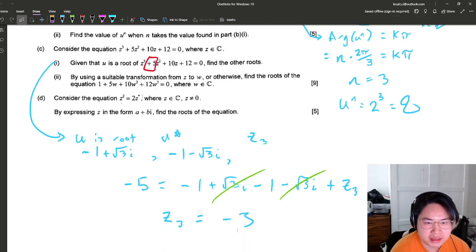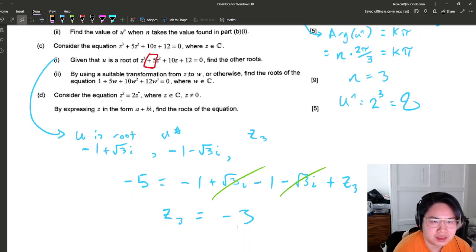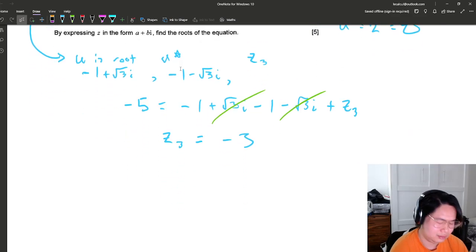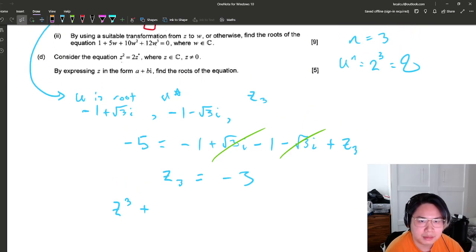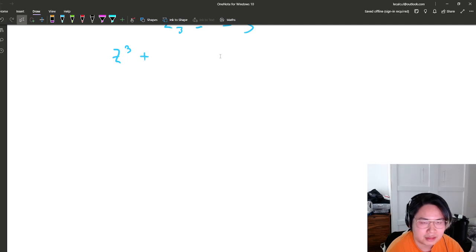By using a suitable transformation from z to w or otherwise, find the roots of this equation instead. Like function transformations? Hold on, let me just write this down here so I can work with it.